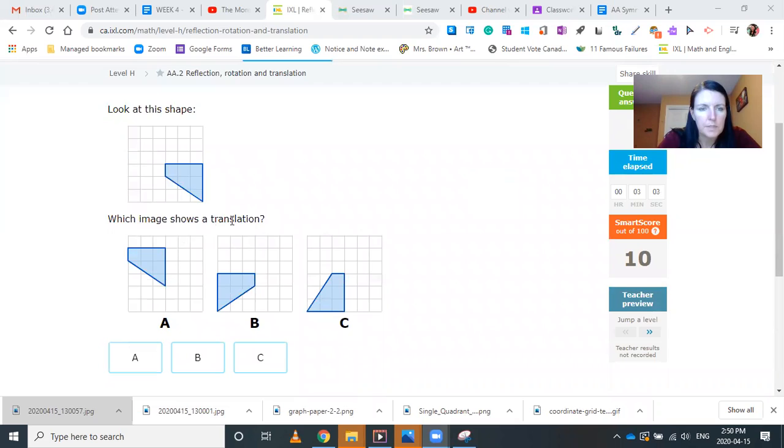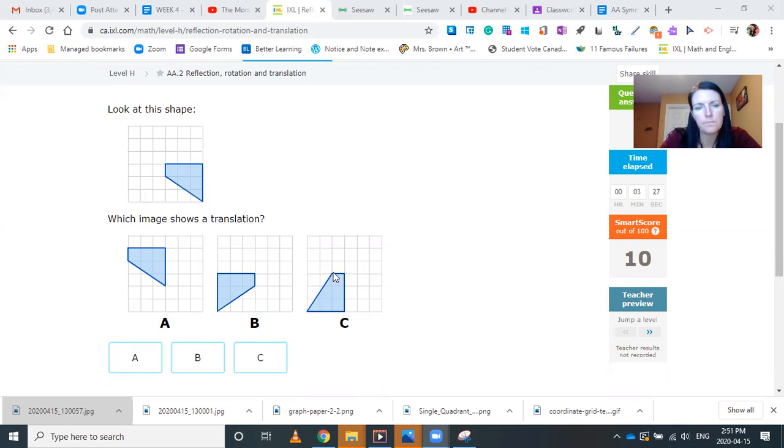Let's have a look at this shape. Remember, translation is when you are basically shifting it. It looks exactly the same, identical. Okay, so it still needs to have the small little guy on that side, the long one on this side, slanted up and straight on the top. Okay, if I look at C, I can see that this has rotated somehow. I've actually turned this shape so that the short side is on the top.